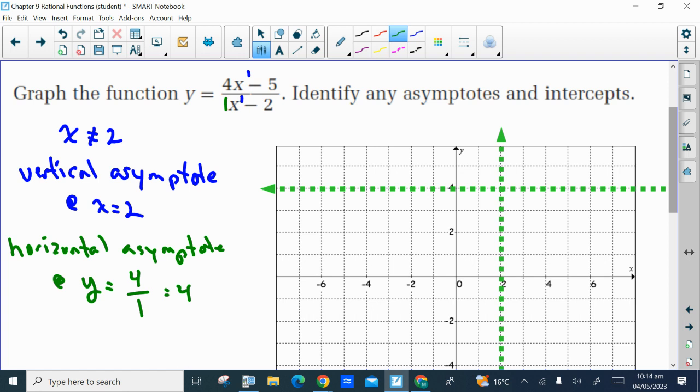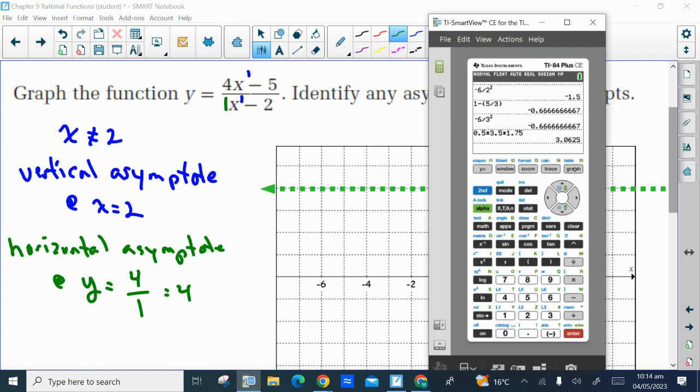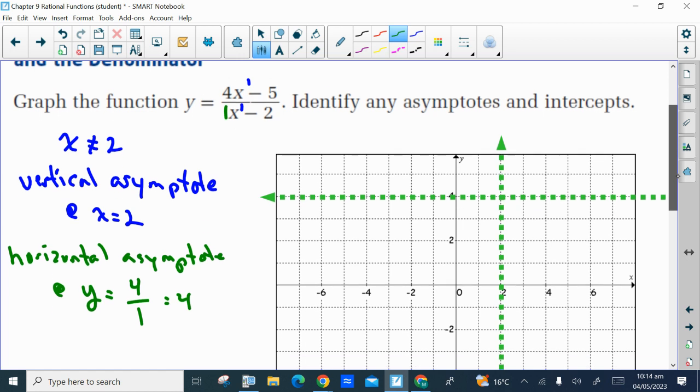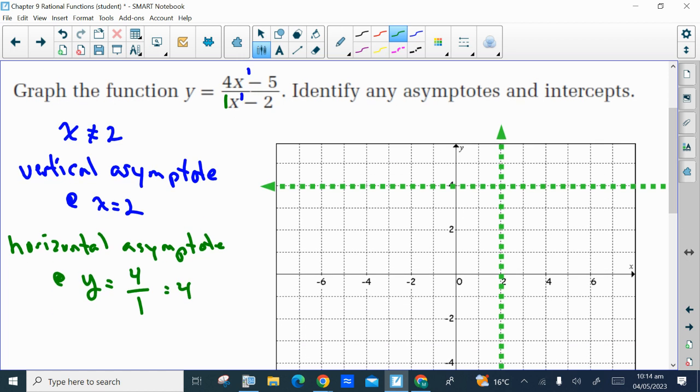Okay, so again, our graph, if we look at it, we can see that it's in the top right-hand corner and the bottom left-hand corner from the calculator. You could get that by choosing a point on either side of the vertical asymptote.